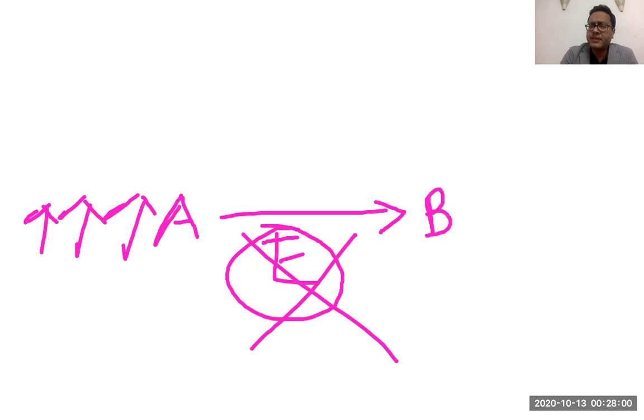As this enzyme is deficient, the precursor molecule, which is converted by the enzyme to another molecule, would accumulate inside the cell. So that is the concept of enzyme deficiency. The classic example which I mentioned is lysosomal storage disorders like Gaucher disease. Now, this is the first mechanism.